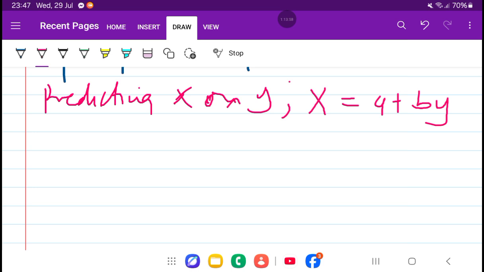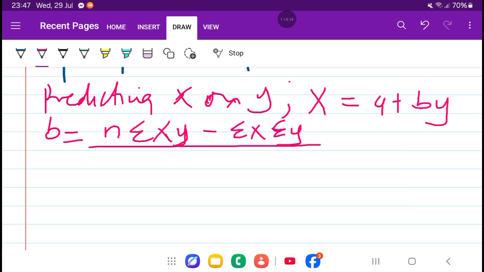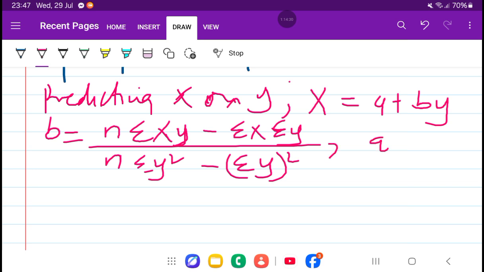And our b will be n summation xy minus summation x summation y over n summation y squared minus summation y bracket squared. And our a will equal x bar minus b y bar.